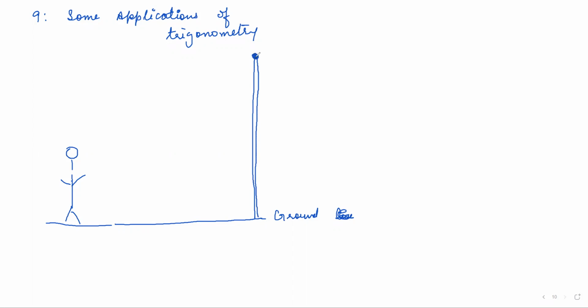Always see these are the eyes. Obviously she is going to see from her eyes. So you have to take the level of the eye in every question. So this level, which is parallel to the ground, this imaginary line, is called the horizontal level. Understood?